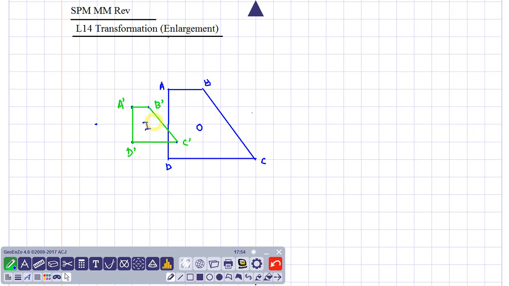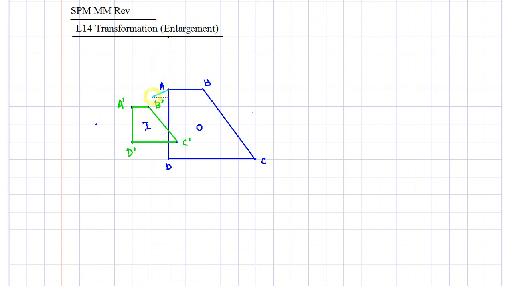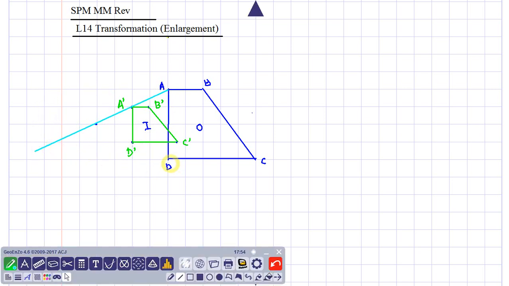So now we want to determine the center of the enlargement. How to determine the center of enlargement is actually very easy. You just choose two corresponding vertices. Here I choose A and A prime. Connect these 2 points together. Then you can choose D, D prime, B, B prime, or C, C prime.